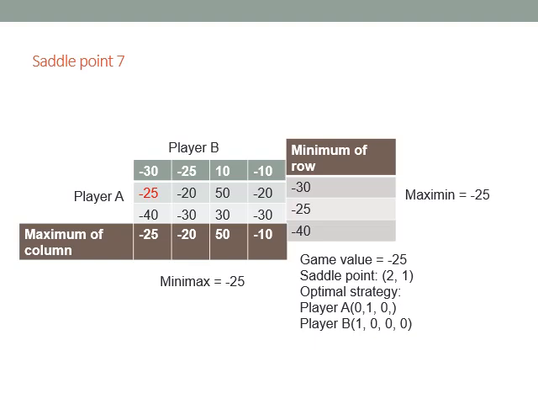So the point 7: player A has 3 strategies, player B has 4 strategies. Applying the minimum of row: minus 30 for row 1, minus 25 for row 2, minus 40 for row 3.